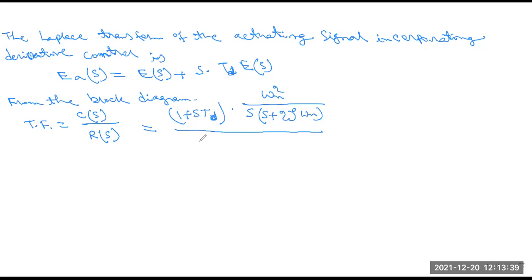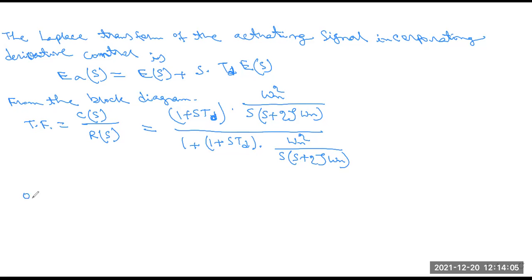And what is R(s)? That is 1 plus (1 + s T_d) into omega_n squared by s into (s + 2 zeta omega_n). Okay, so this is basically the transfer function.